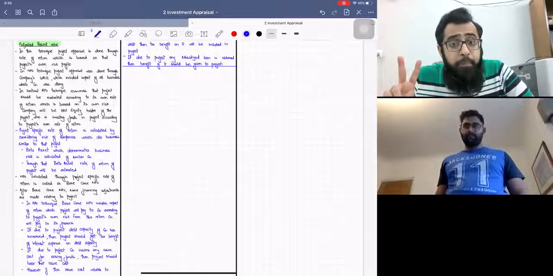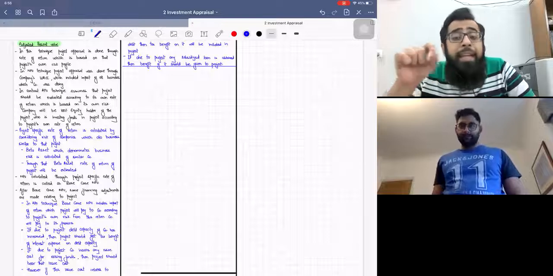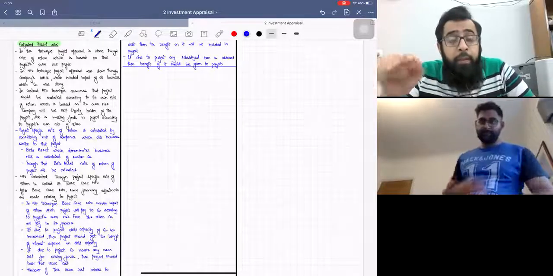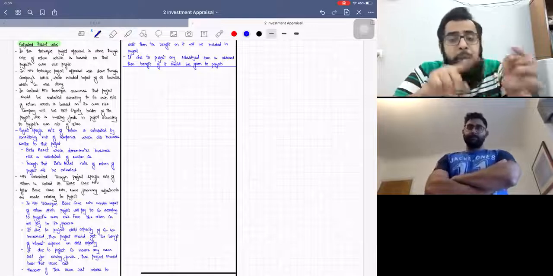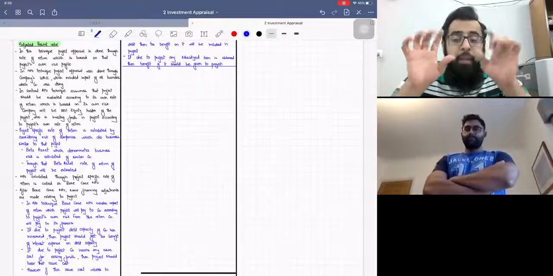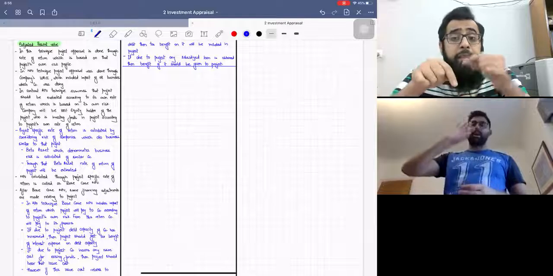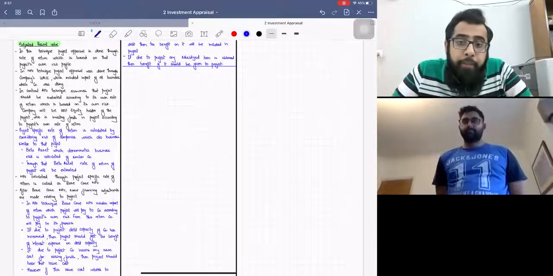Number 2, if the company is taking a loan, then the interest expense which the company is paying, the company will pay itself because the project is paying the cost of capital to the company according to its own risk. But if on the interest expense the company is getting any tax benefit, then that should be given to the project.